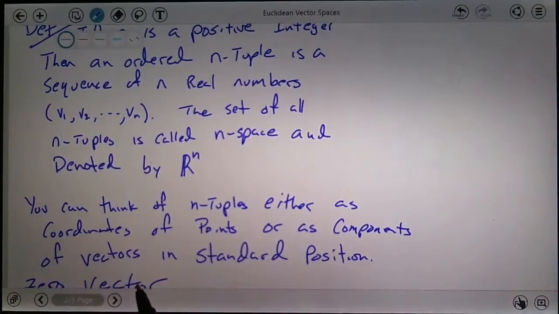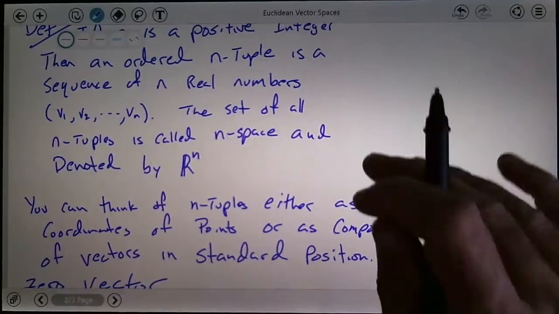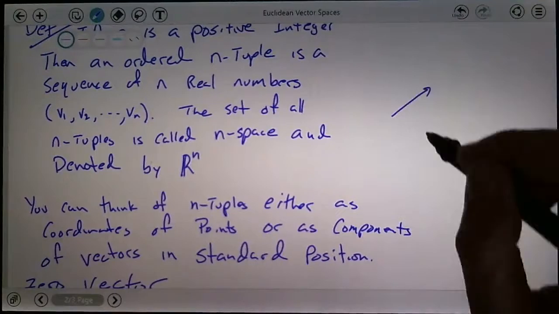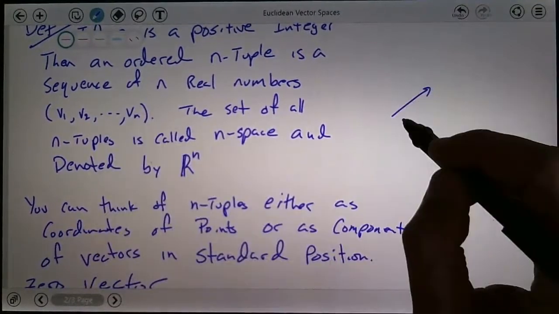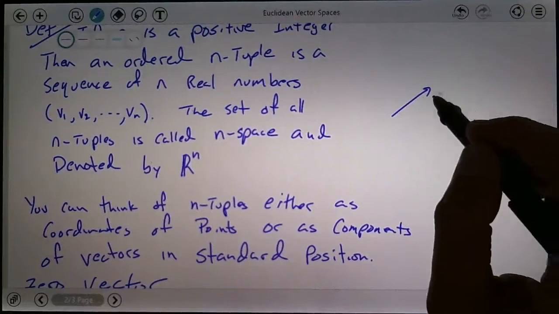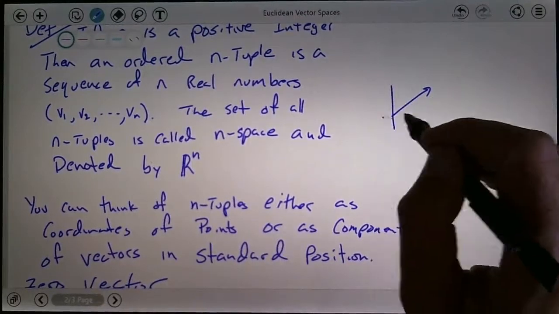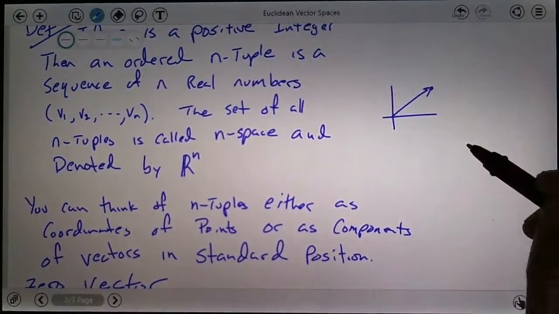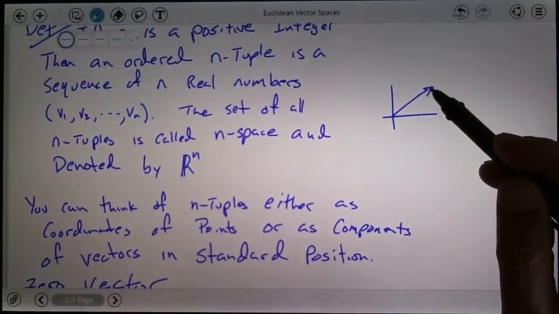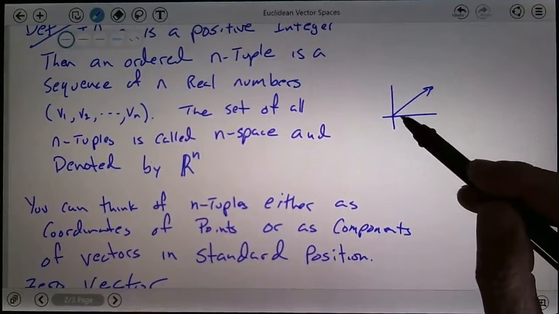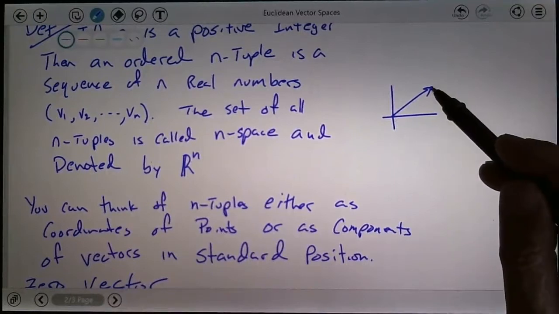Well, we're making essentially a one-to-one correspondence between geometric vectors, arrows, and n-tuples. If I'm in R2, if I'm in the plane, then for each point in the plane, there's a vector that starts at the origin and points to it. For each vector, once you put it in standard position, it points to a point.